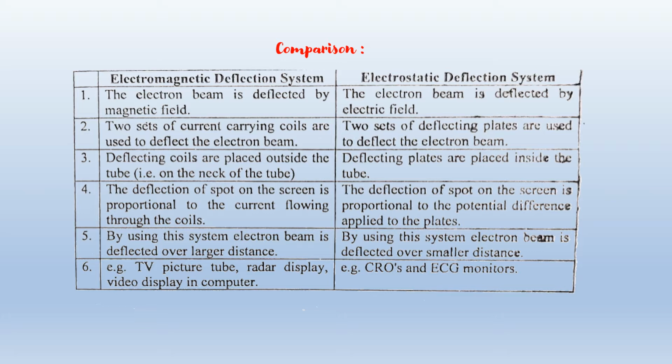By using electromagnetic deflection system, the electron beam is deflected over a larger distance. Why? Because the coils are placed outside, while in case of electrostatic, the electron beam is deflected over a smaller distance. Electrostatic is used in CRO and ECG monitors, and electromagnetic deflection system is used in TV picture tube, radar display and video display in computers.